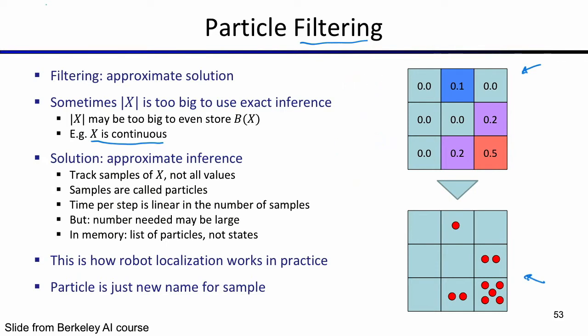So imagine that we have 9 possible states. That's going to be x11, x12, x13 and so forth. Each position here is a different state.